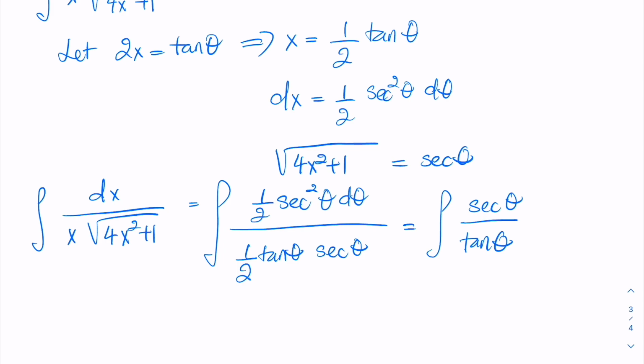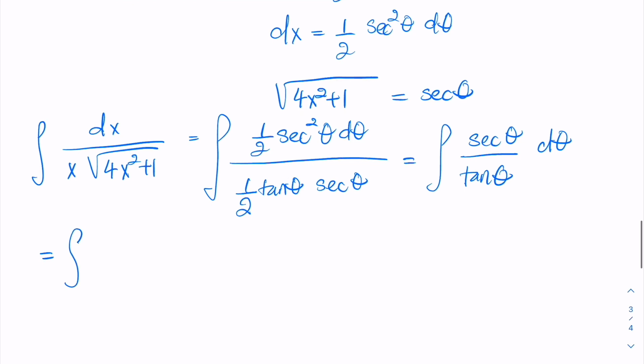Now let's rewrite that. Secant theta is 1 over cosine theta. Tangent is sine over cosine, so I'm going to multiply by cosine theta over sine theta because we multiply by the reciprocal, d theta.